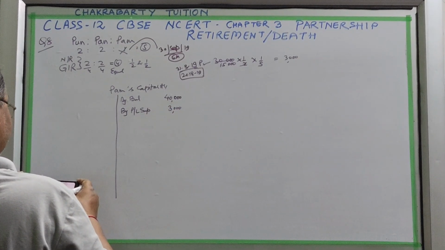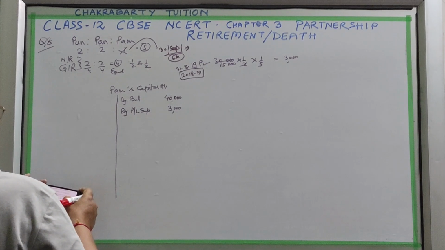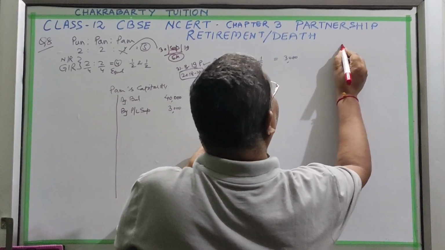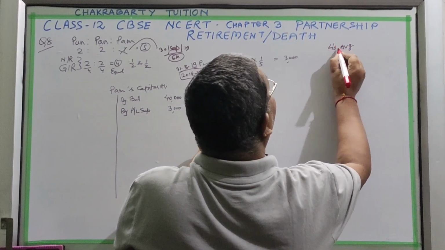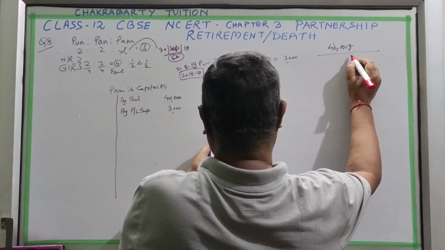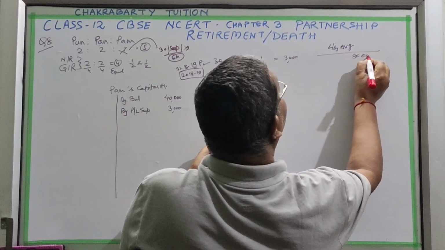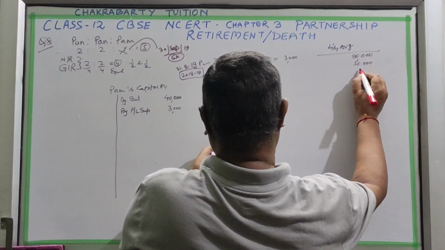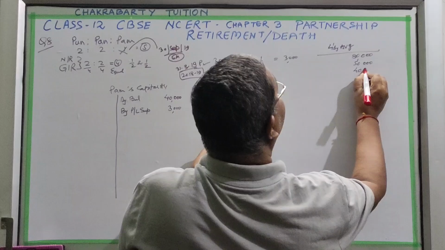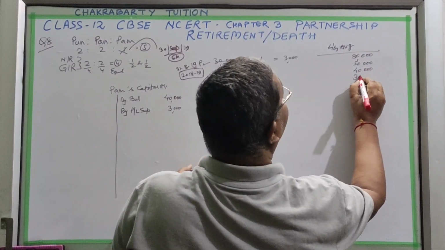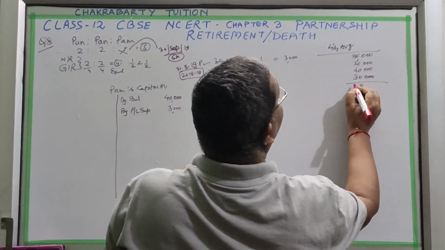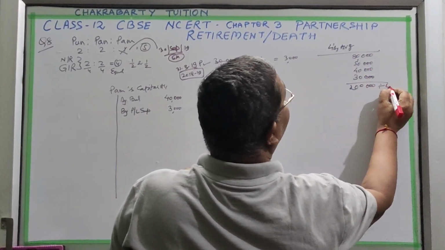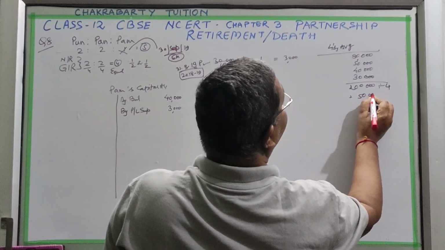Then he will be entitled to goodwill of the firm calculated on 3 years purchase of last 4 years average. So we will calculate the 4 year average. It is given 80,000, then 50,000, then 50,000, then 40,000, and then 30,000. Average means 4 items are there, divided by 4. It comes to 50,000.